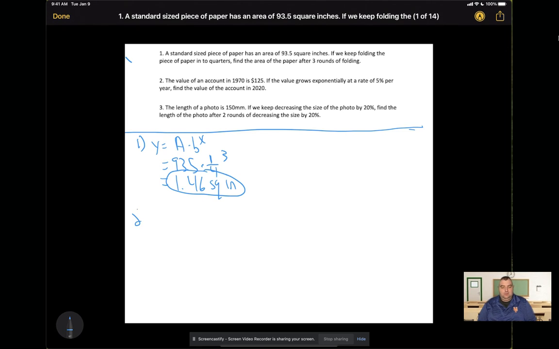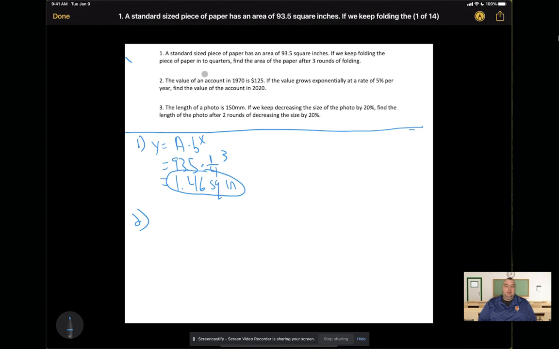Number 2. The value of an account in 1970 is $125. If the value grows exponentially at a rate of 5% per year, find the value of the account in 2020.